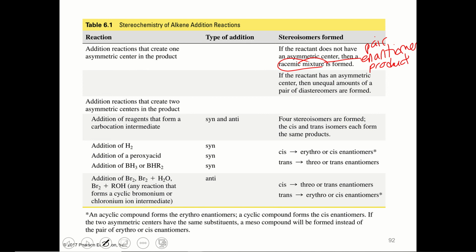And then for the addition of Br2 plus H2O, or Br2 with an alcohol, then the 2 groups that add, the electrophile and the nucleophile that add across the pi bond, will add anti to one another. That means if you start with a cis double bond, you get trans enantiomers, and if you start with a trans double bond, you will get cis enantiomers.